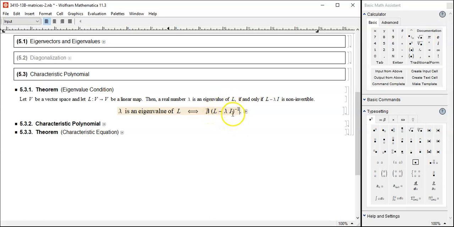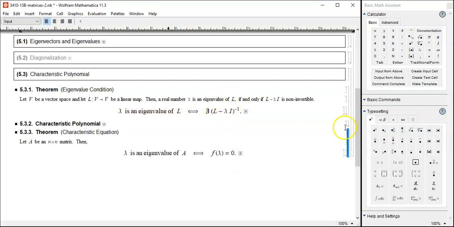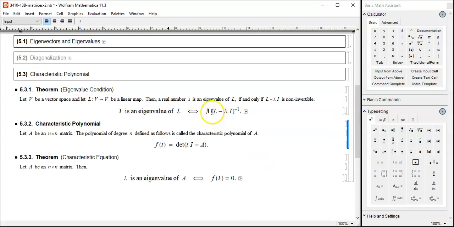So the determinant of this is zero. The determinant of that, we call the characteristic polynomial. And then set it equal to 0, we get the characteristic equation. So lambda is an eigenvalue of A if and only if lambda is a zero of the characteristic polynomial, or a solution of the characteristic equation.